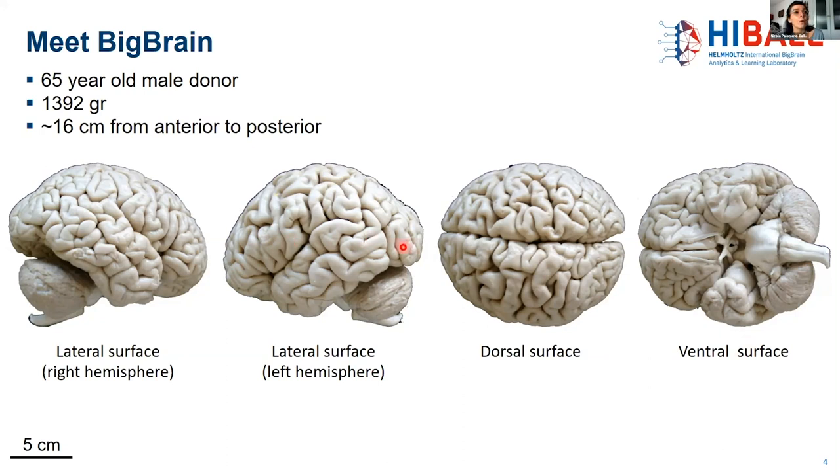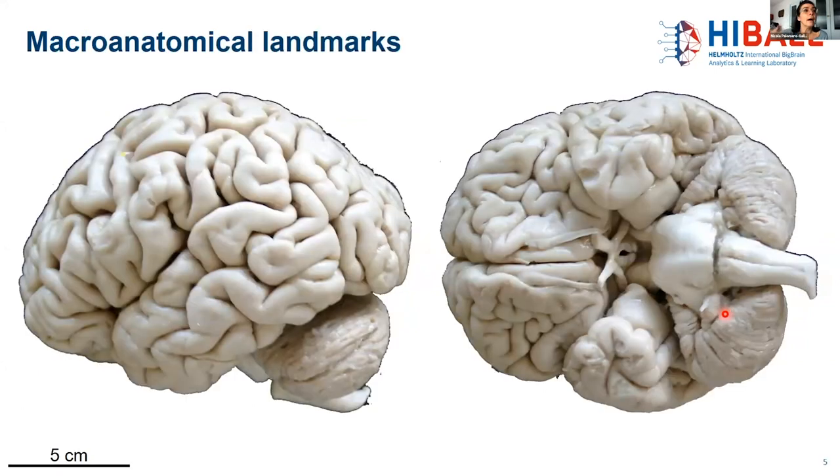And what I'm going to do now is zoom into this view here, which shows the lateral surface of the left hemisphere, and this view here, which shows the ventral or the basal surface of the hemisphere, just to highlight a couple of landmarks.